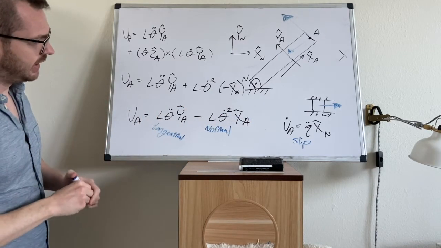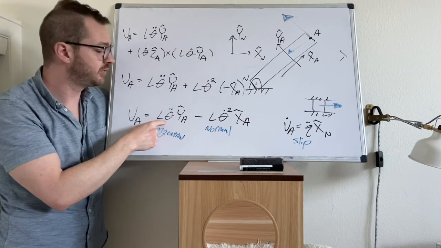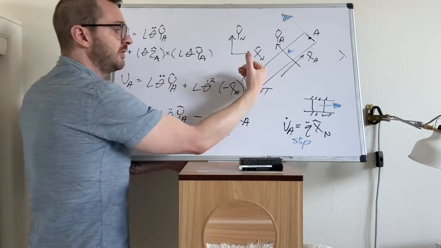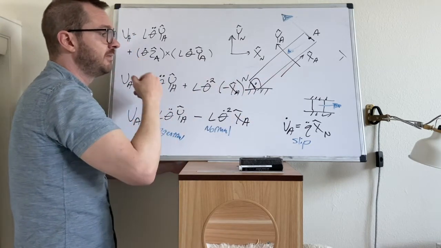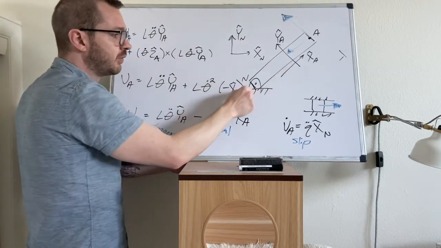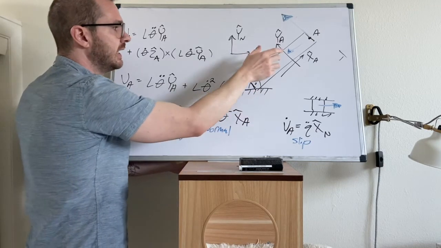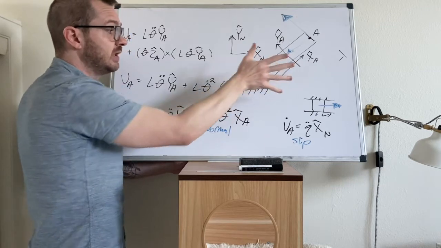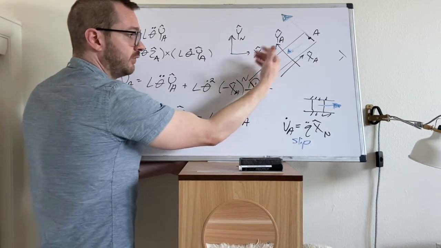Now, some more comments. Theta double dot could be in the other direction. You could have some negative torque being applied, some negative moment being applied to this body. For example, if there was no motor or any active torque at this joint, and we simply had this pendulum as is and we let it go, the force of gravity is going to cause this thing to fall in this direction.